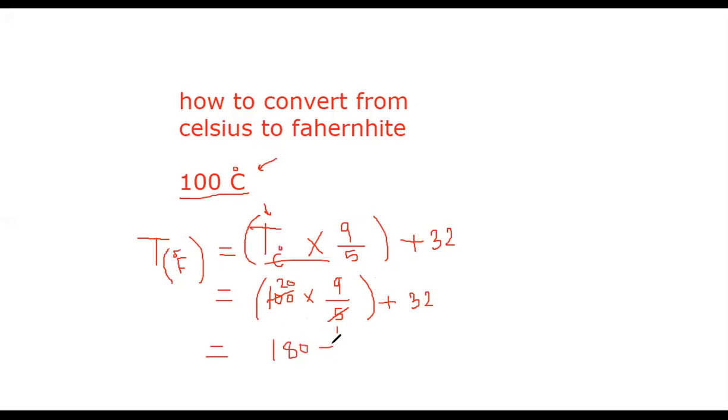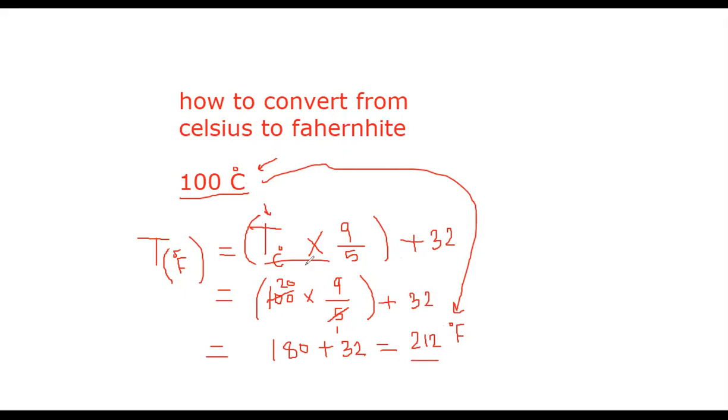Yes, plus 32, which is equal to what? 212 degrees Fahrenheit. So 100 degrees Celsius is equal to 212 Fahrenheit. So water boils at 212 degrees Fahrenheit or 100 degrees Celsius.